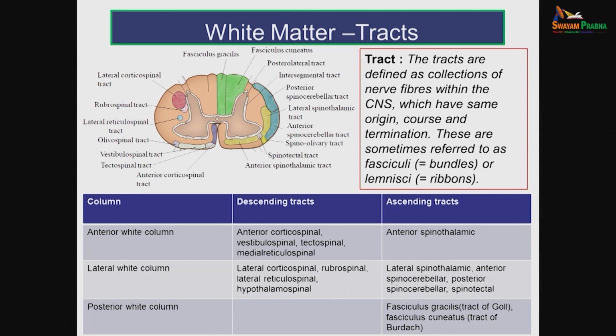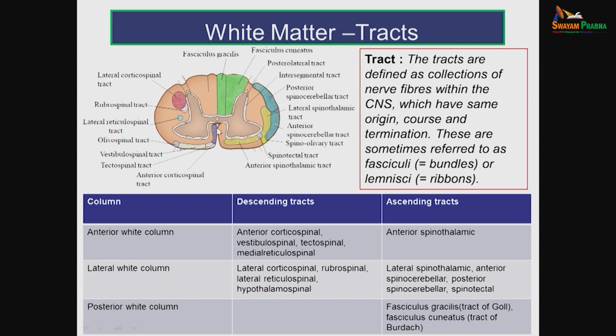A tract is nothing but a collection of nerve fibers within the central nervous system, which have the same origin, course and termination. They are sometimes called fasciculi, that is bundles, or lemnisci, that means ribbons.